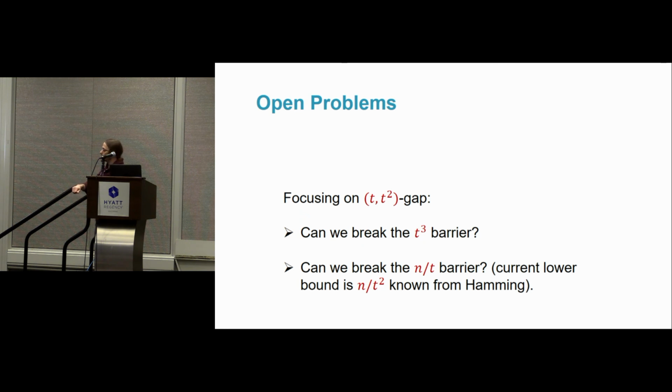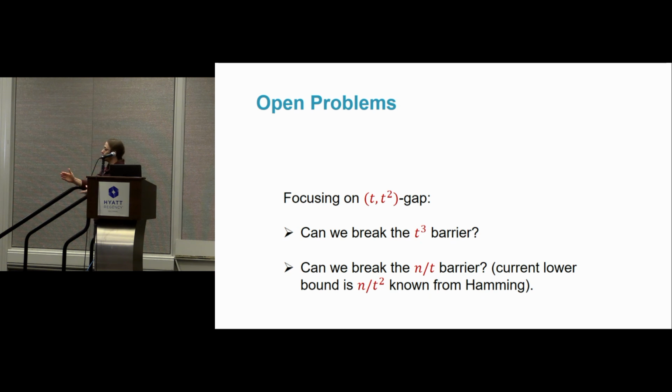And let me conclude with some open problems. If we focus just on the t versus t square gap, the first open question is, can we break this t cube barrier? The other thing is, can we break the n over t barrier? Because the current lower bound is just n over t square, which is tight for Hamming.